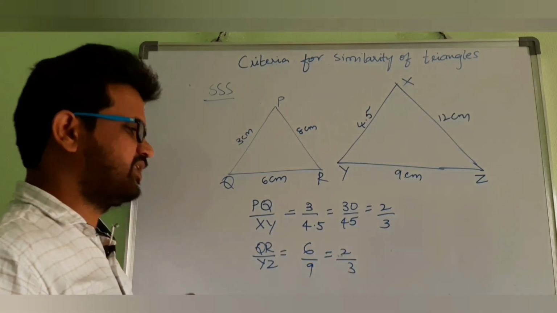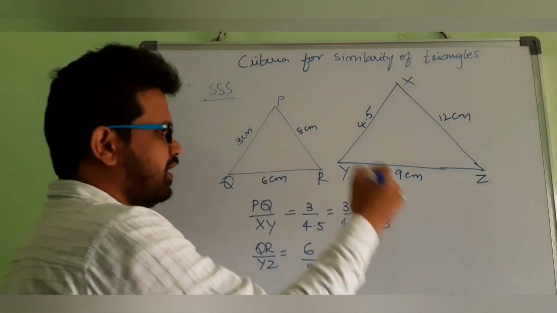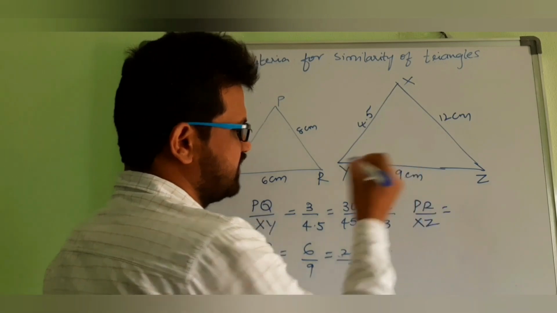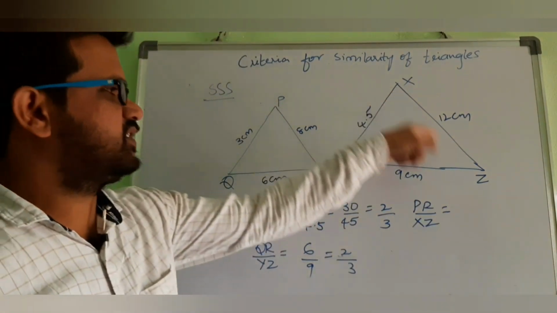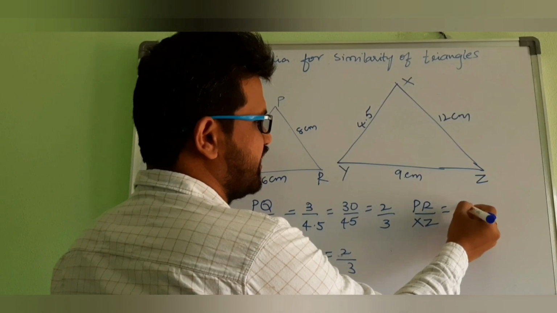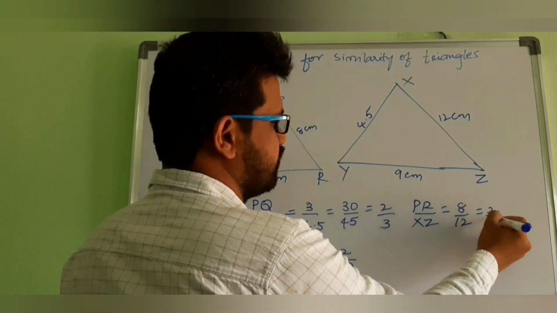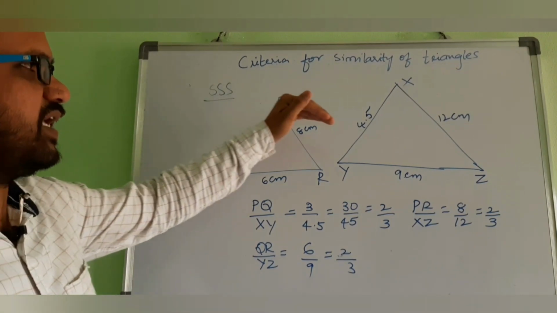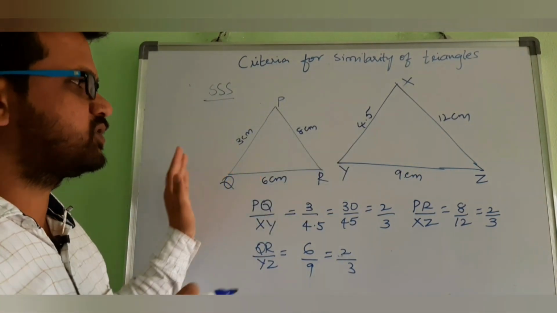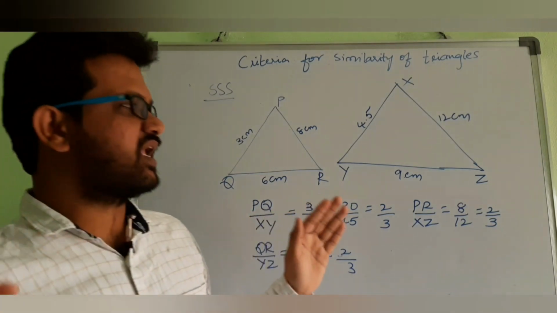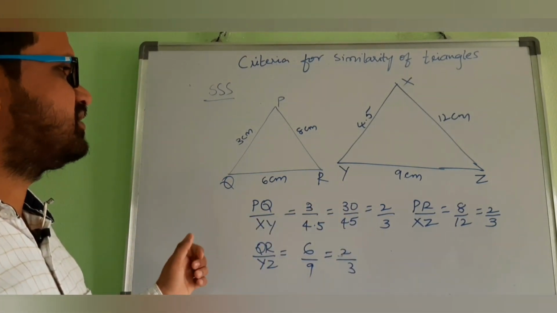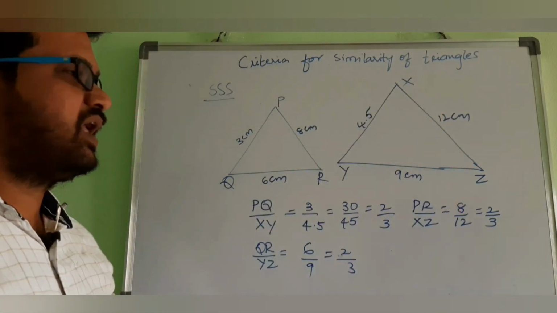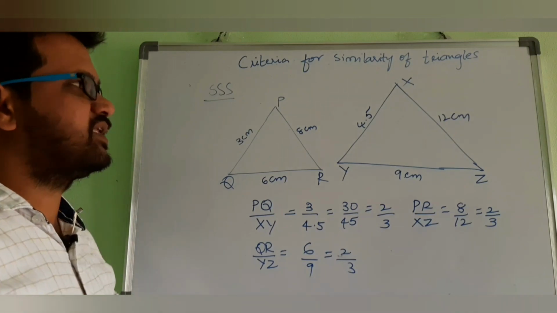And PR by XZ is 8 by 12, that is 2 by 3. If you observe, corresponding sides are in the same ratio, meaning corresponding sides are proportional. If in any two triangles corresponding sides are proportional, then automatically corresponding angles are equal. Hence, the two triangles are similar.